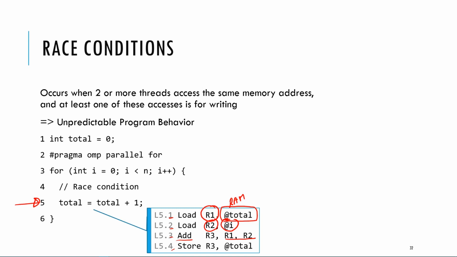The add instruction also takes a third parameter, which is the destination of the final value, say R3, and then a store instruction saves the final value back to a certain address in memory. Here we want to store it inside total.